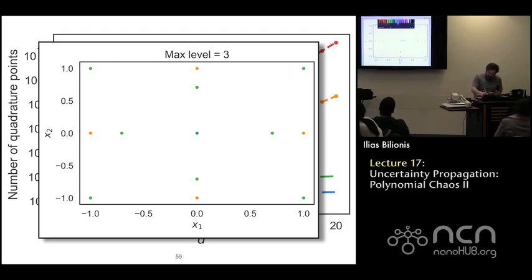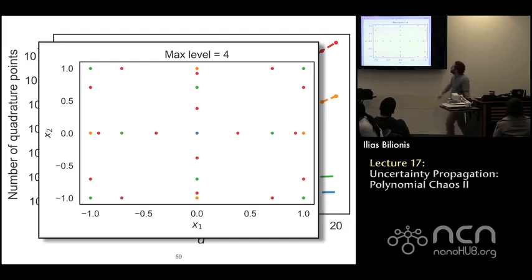You have in there the level 2 nodes, and you have just introduced the level 3 nodes. Okay? You go to level 4, you still have the level 1, the level 2, the level 3, and you introduce the level 4. Okay?